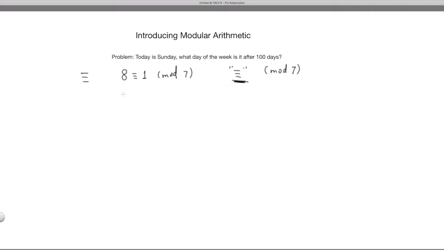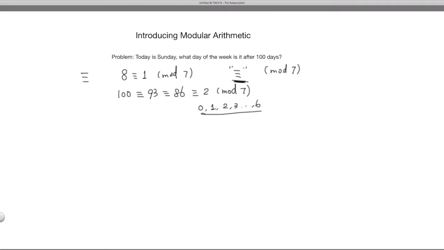So with this modular or congruence symbol, now you can write 100 is congruent to 93, is congruent to 86, and congruent to 2 mod 7. Now every number is going to be congruent to something between 0, 1, 2, 3, up to 6, because these are the only remainders when you divide by 7, right?